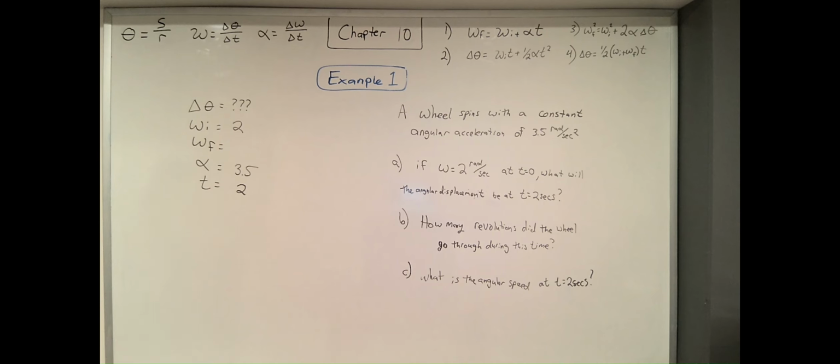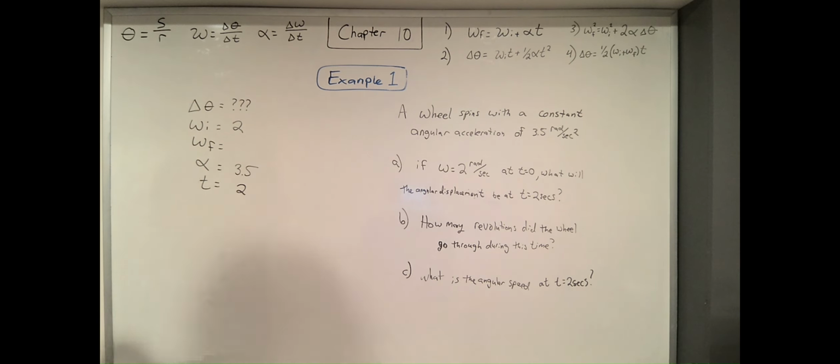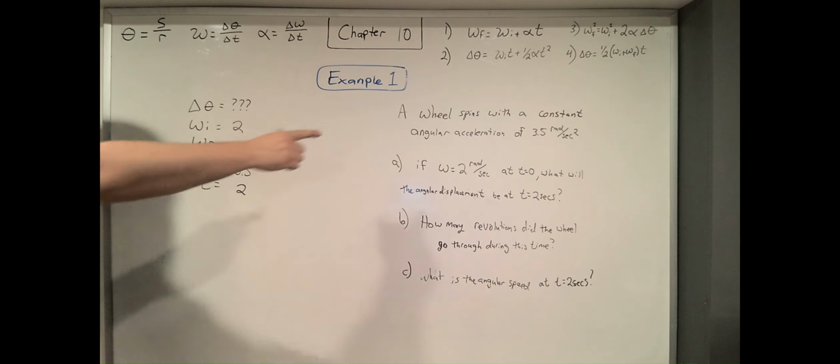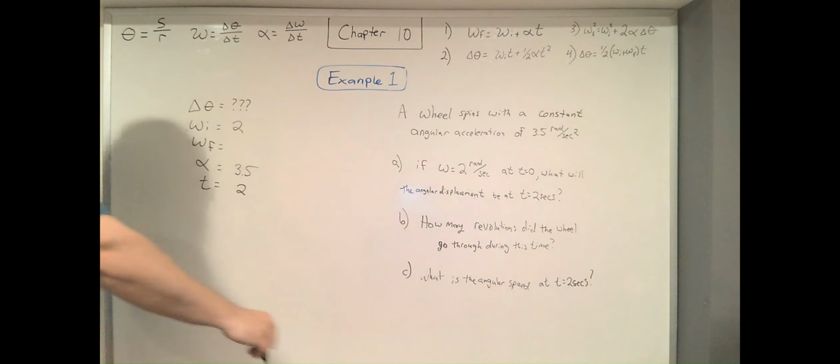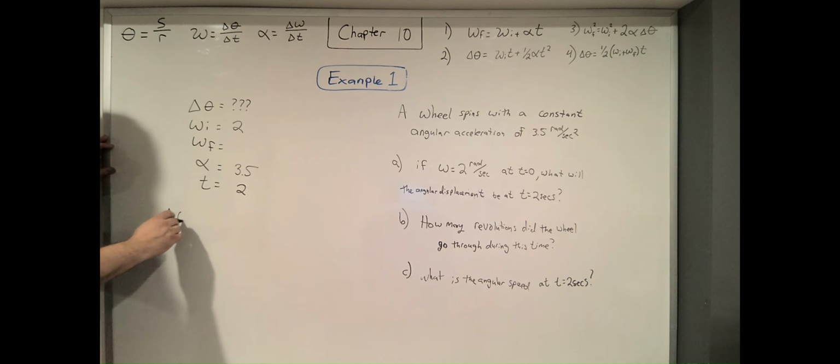Hopefully now we see that this isn't so hard. I'm given 3 out of the 5 things. Which one do I not care about? I do not care about the final velocity, even if it's angular. I look up there and I say, which equation does not include final velocity? It's number 2 in our case, which is given here by this one. And that's what I'll use to solve it. I don't know what the change in theta is.